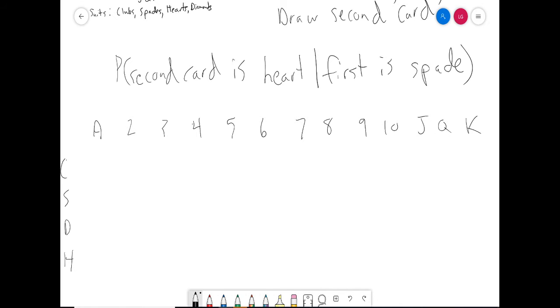So the probability calculation changes. So for example, we want to calculate the probability that the second card is a heart given that the first is a spade.